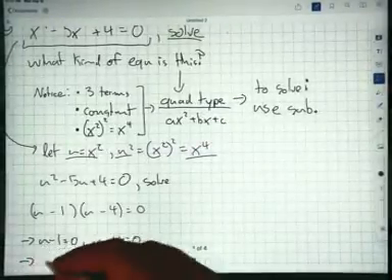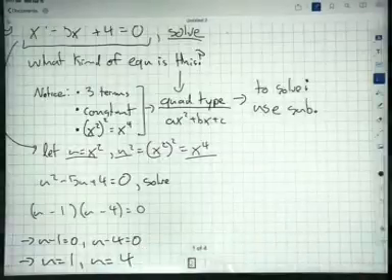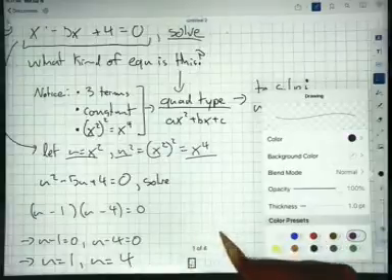Which then means that u is equal to 1, and u is equal to 4. That's great, but I don't want to know what u is, I want to know what x is.